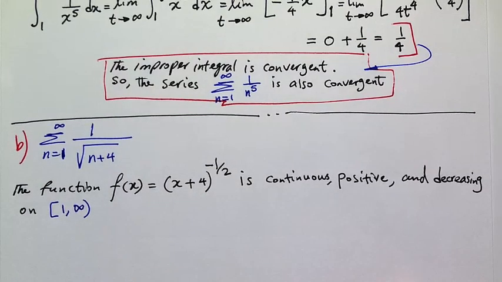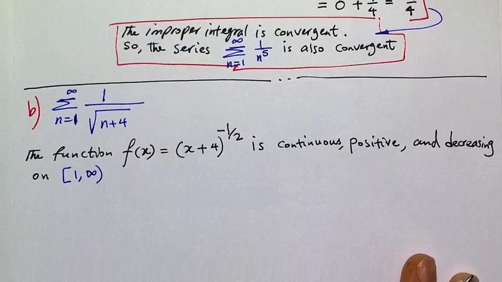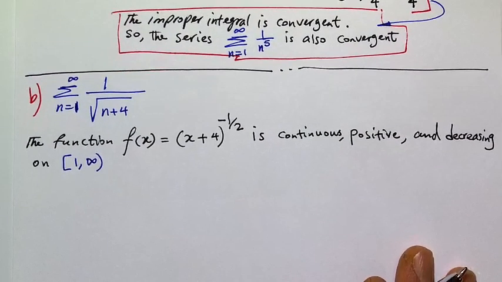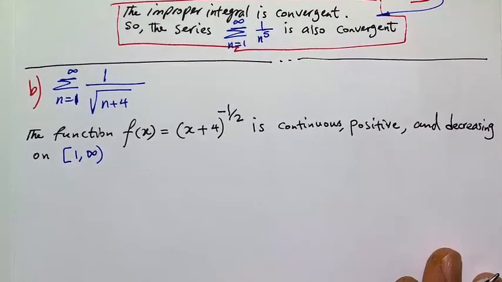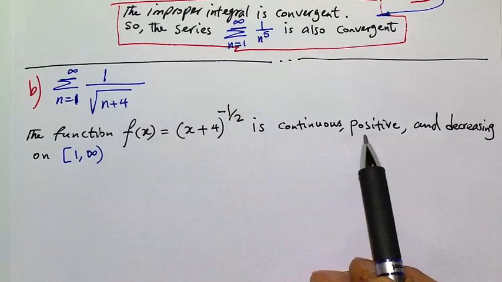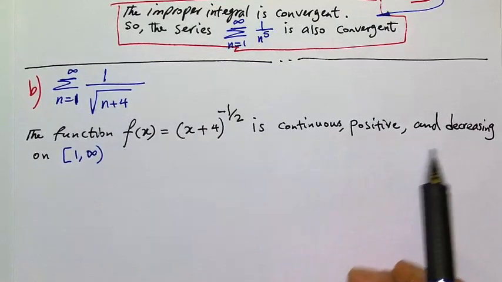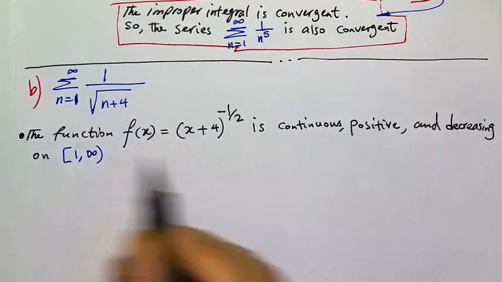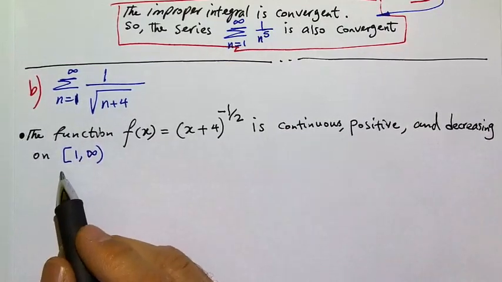Okay, so all three conditions for whether or not we can apply the integral test are satisfied. And notice that sometimes it's so easy to establish whether or not all three conditions are true. We really didn't have to do much to establish all three.